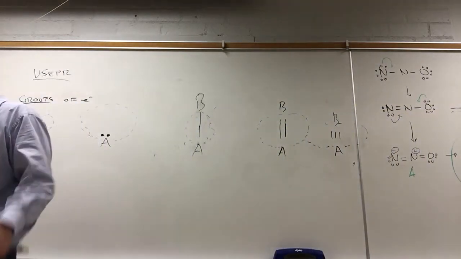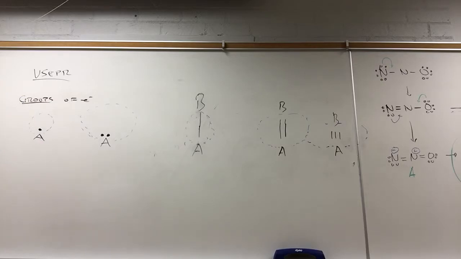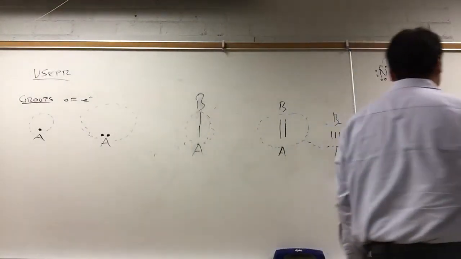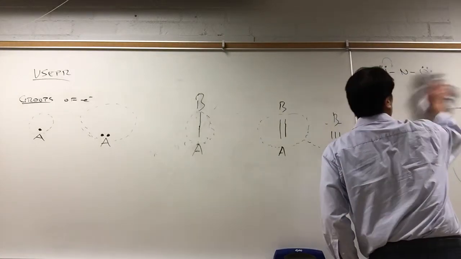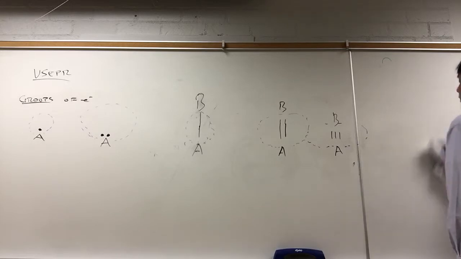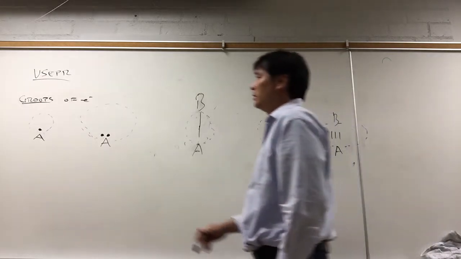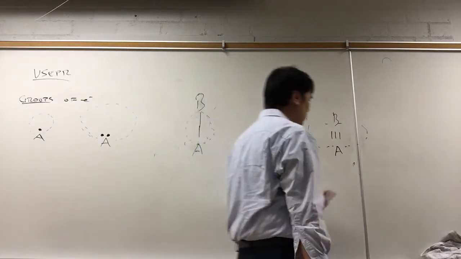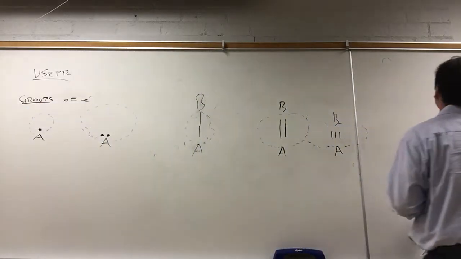They need their breathing room. This is going to dictate how the structures arrange themselves, because we try to minimize the repulsions. We're looking at repulsions between groups, and so VSEPR looks at repulsions between groups to arrange the three-dimensional structure.